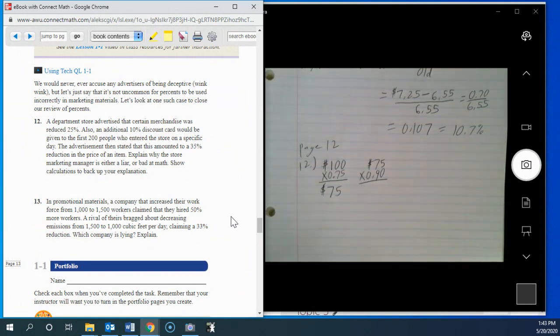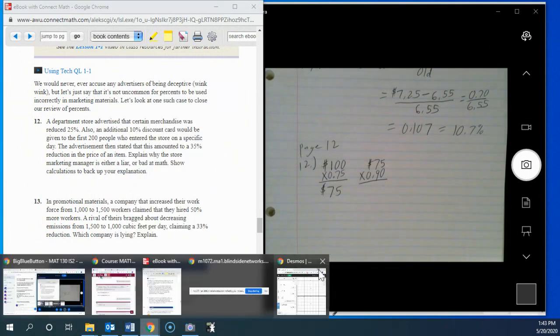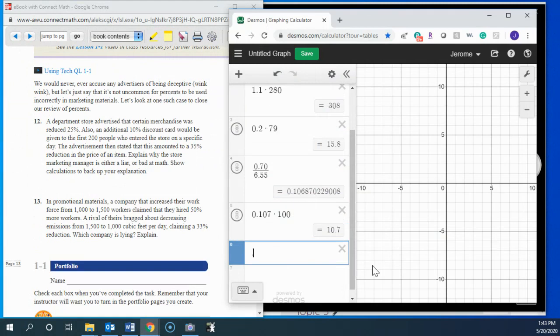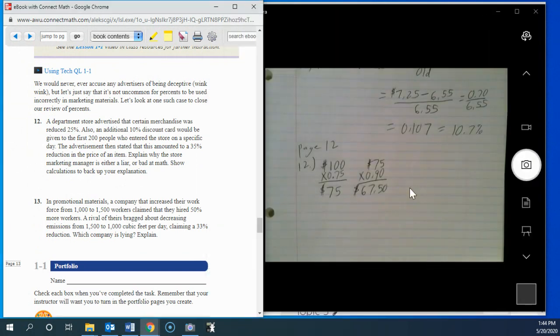So if we take our calculator, and we could take 75 times 0.9. That would give us $67.50. So this is how much you would pay by doing 25% off and then another additional 10% off.